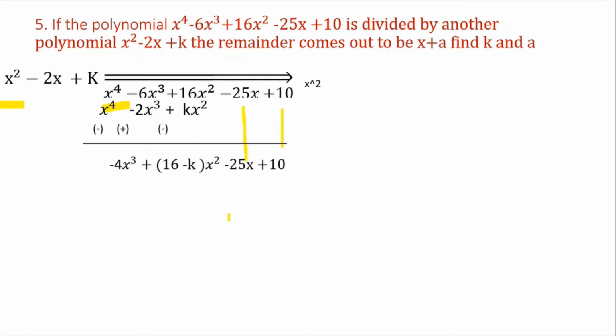Again, we want to see what is the highest power of x term present in the divisor, that is x squared, and what is the highest power of x term present in the dividend, that is minus 4x cube. So to get minus 4x cube, I want to multiply with minus 4x as a coefficient. If I multiply minus 4x with the total term, I am getting minus 4x cube plus 8x squared and minus 4kx.